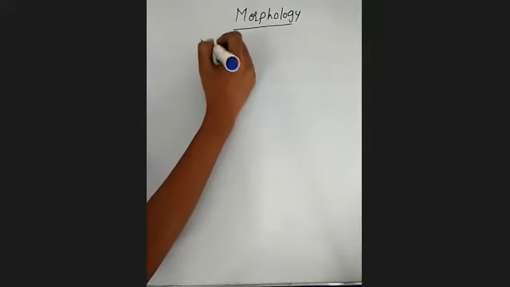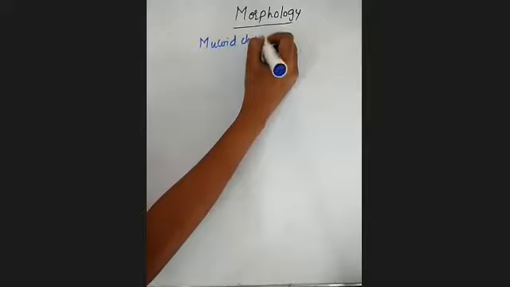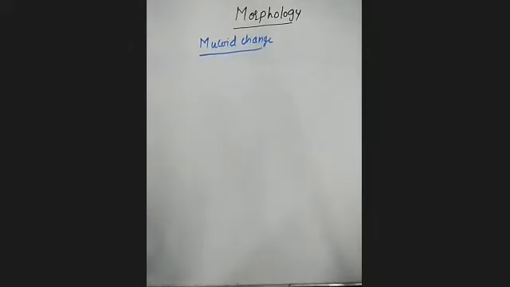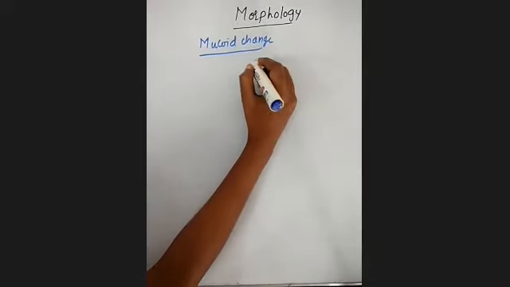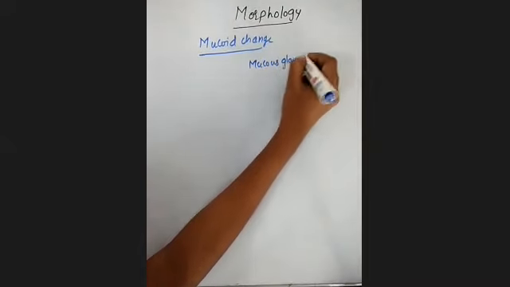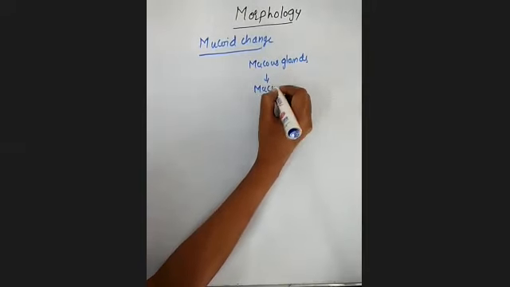The third one is mucoid change. Mucoid involves two things you have to remember. First is mucus. Mucus glands mainly secrete the mucus. Clear?